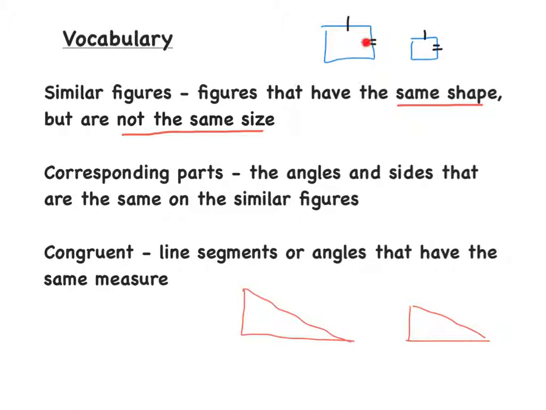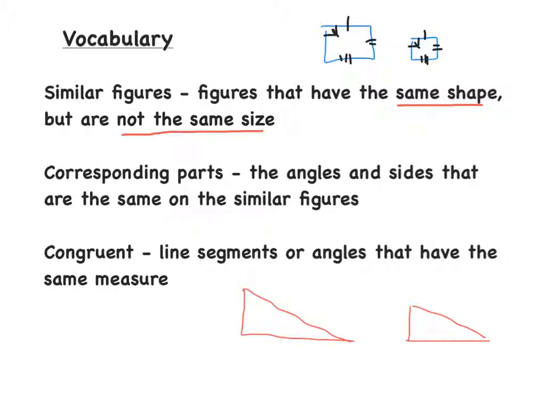So wherever there are 2 marks, those are the same. So that's basically how you can see corresponding sides. With corresponding angles, they could have it with a mark as well. That would denote that these are the corresponding angles.